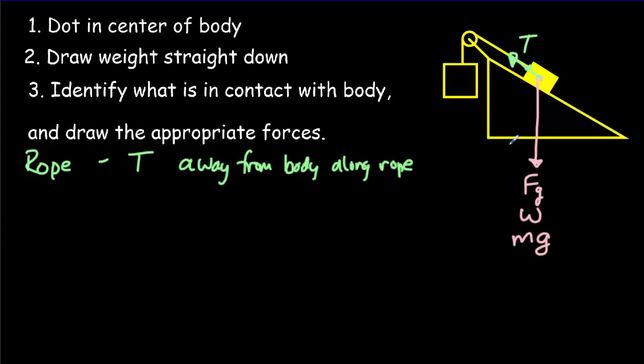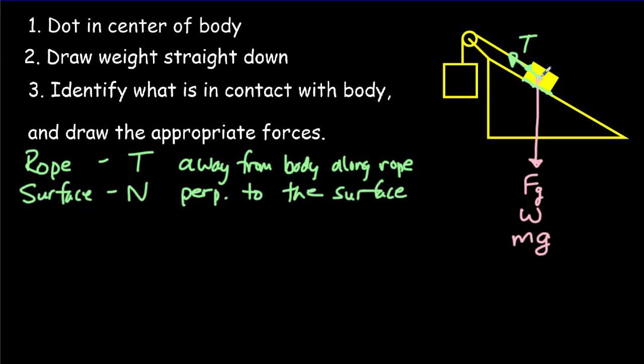There's my tension force. Where else do I have contact with that body? Well, there's contact right here with this surface. Contact with the surface means there's going to be a normal force. And that normal force is always perpendicular to the surface. So here's my normal force.